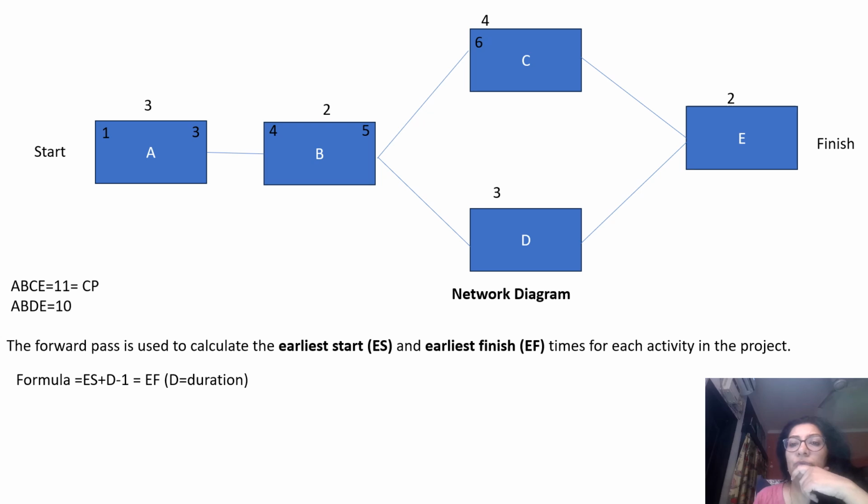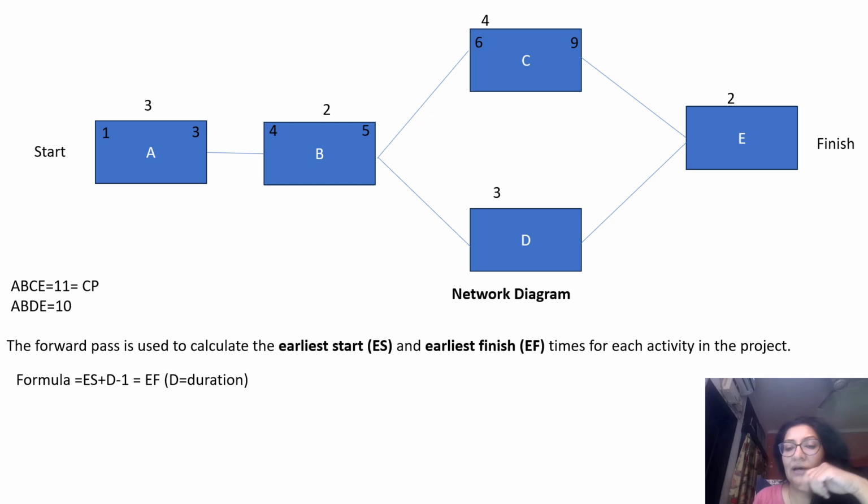Now, what would be the early finish for this particular activity? Completely 6, 7, 8 and 9. This activity will take 4 days and will be completed on day 9. And if you apply the formula, you will see ES is 6 plus duration 4. 6 plus 4 is 10, and then minus 1, which is 9.